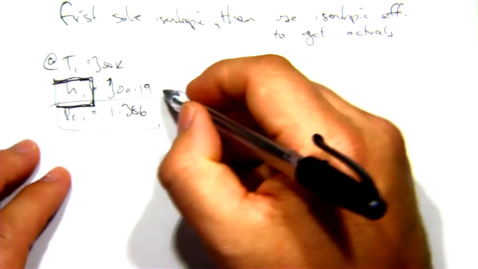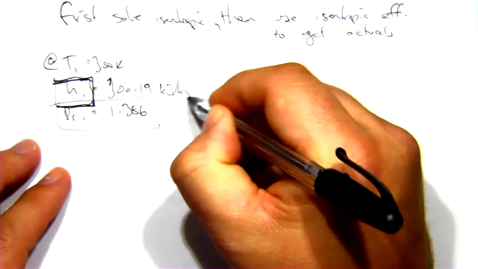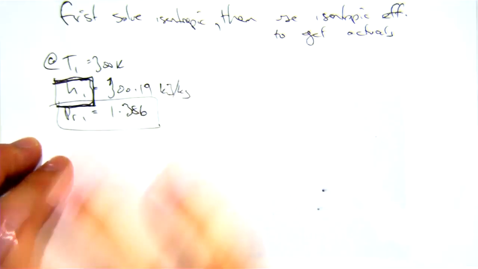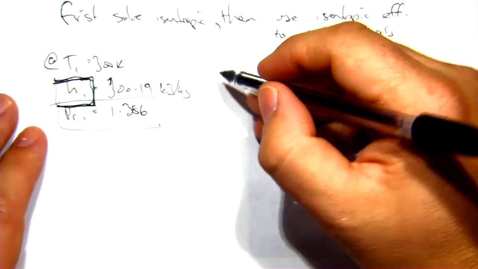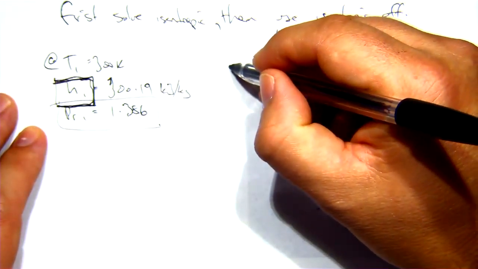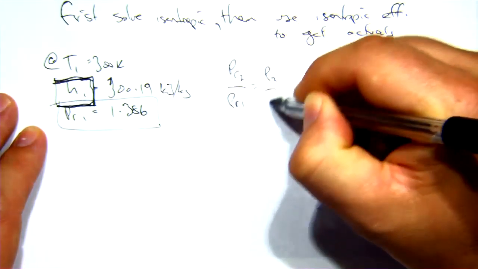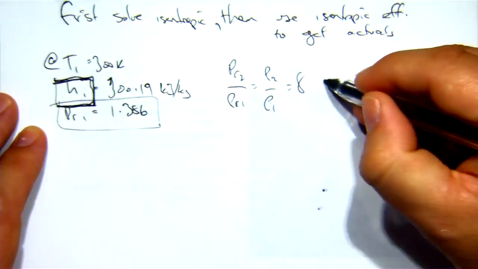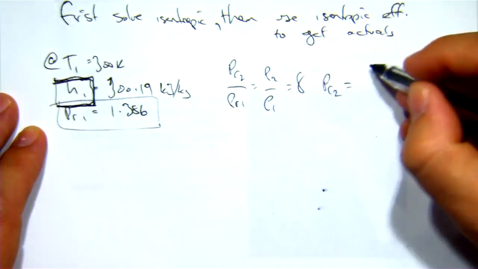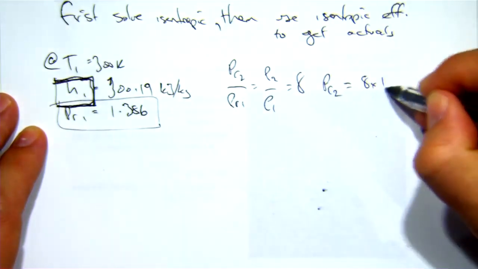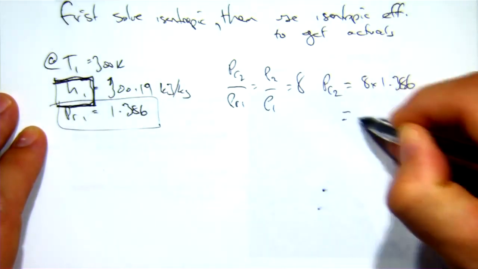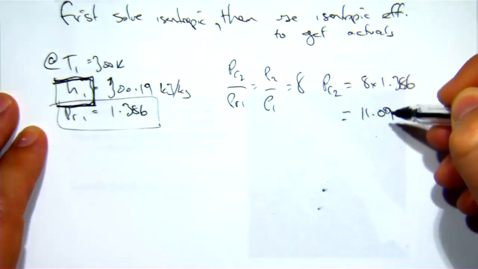I've got my enthalpy. The point where I get my enthalpy, we're moving to the next point. So we've got PR2 on PR1 equals P2 on P1 equals 8. So I can say PR2 equals 8 times 1.386 equals 11.09, if you were to put it in.